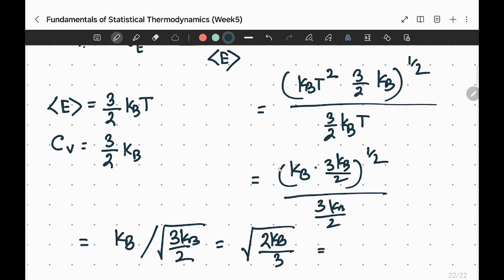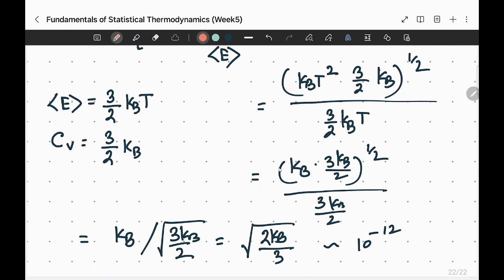Now if you calculate it, it's a very small value. You know the value of kB. So you can ignore 2 by 3 even. It is around 10 to the power minus 23 by 2, so it's around 10 to the power minus 12. It's a very small value.